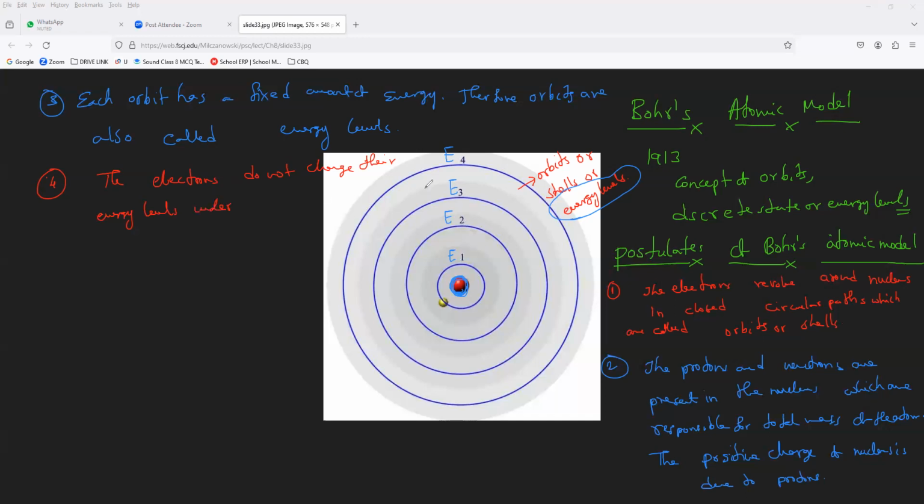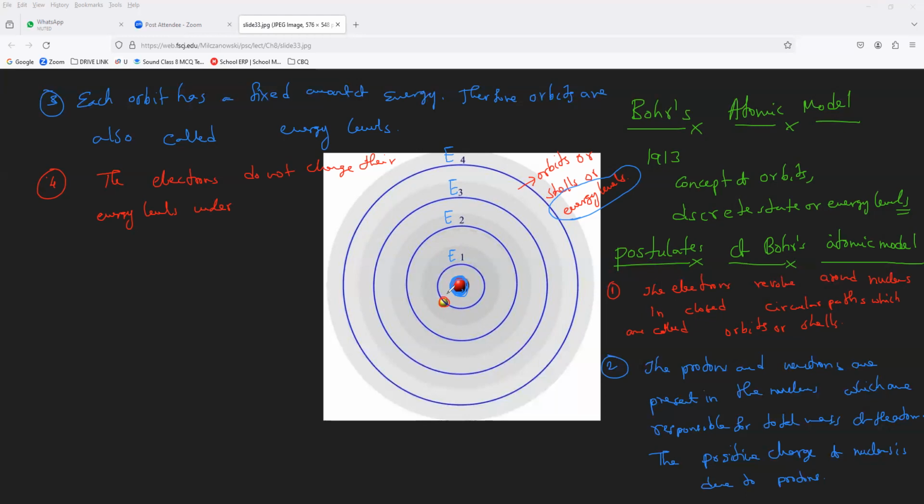That means when they are revolving around the nucleus, that is a normal condition, unless you provide more pressure or temperature or some other extremely high heat. Then the electrons will start radiating energy. But under normal conditions, the electrons never radiate energy. That is what you have to remember.